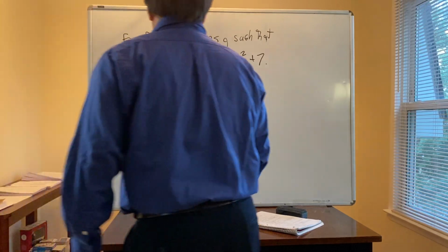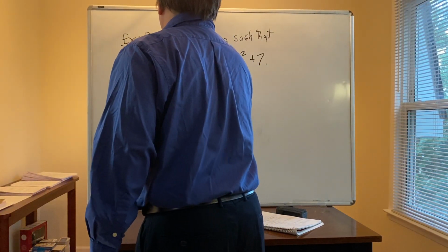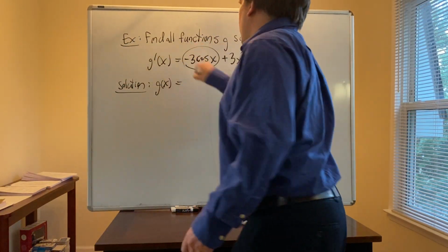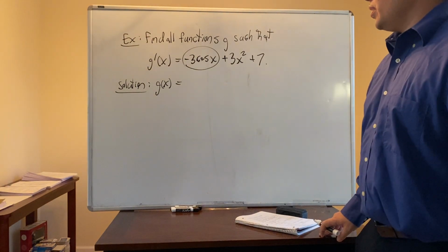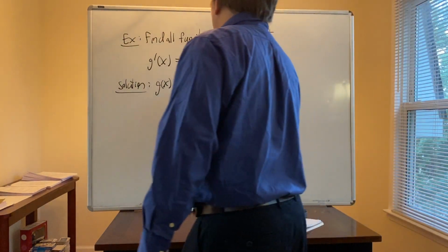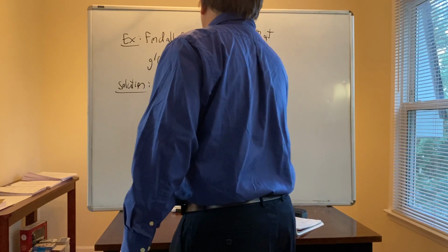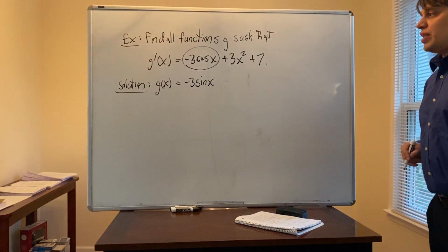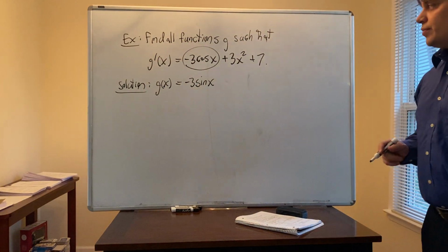Solution. g of x equals, so an antiderivative of -3 cosine x would be -3 sine x. The derivative of -3 sine x is -3 cosine x.